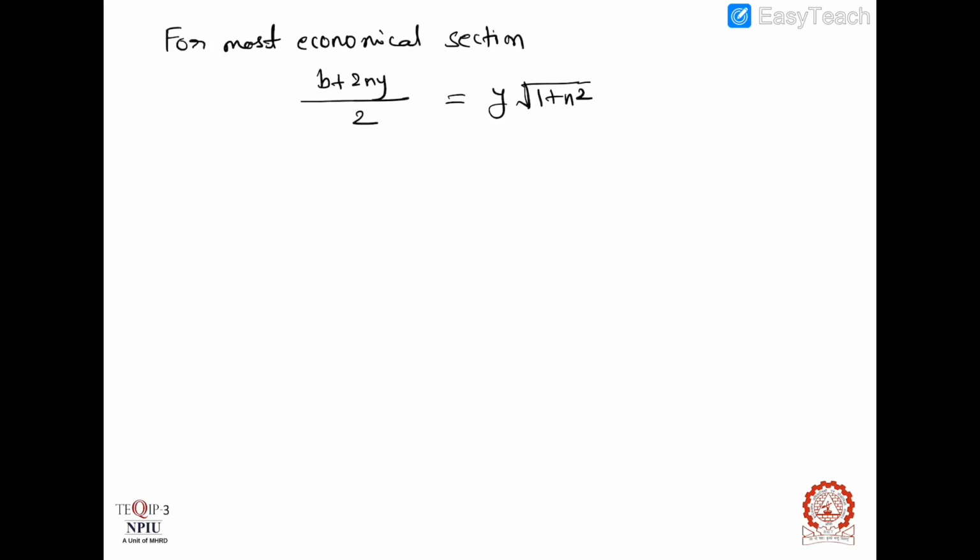Now this was the condition when we kept theta constant and varied the depth of flow. Then we found this condition. Now, the theta that we kept constant at the beginning, we are keeping at 60 degree, which means n is 1 by root 3. So substitute the value; this is another condition.